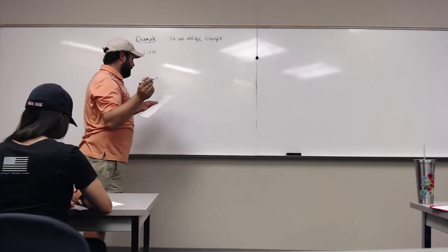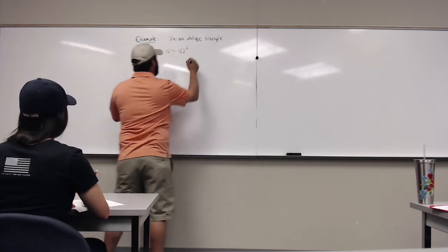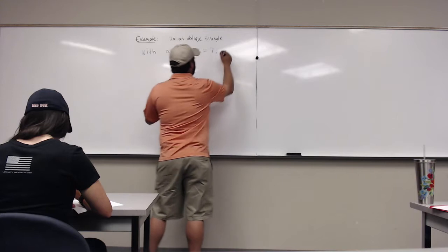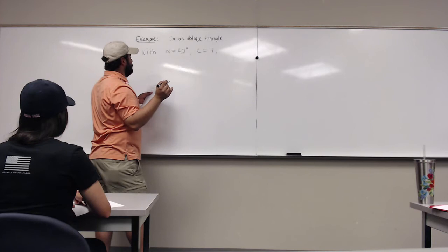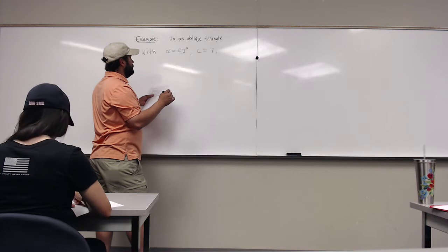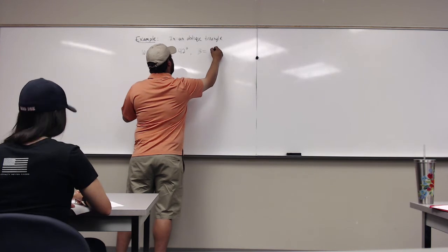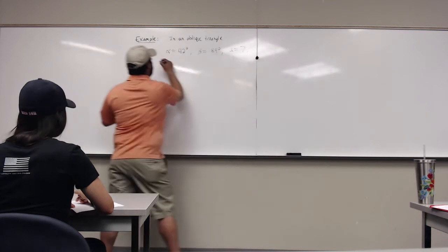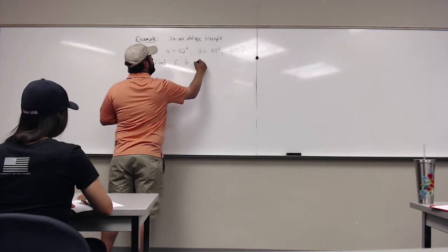What if I tell you alpha is 42 degrees, beta is going to be 84 degrees, and side length a is going to be 7. And then we're going to find what's left, which would be gamma, b, and c.